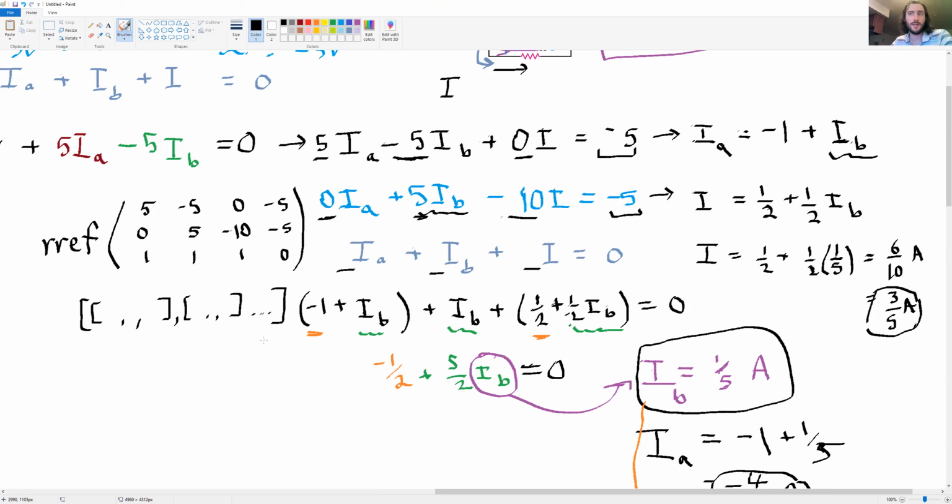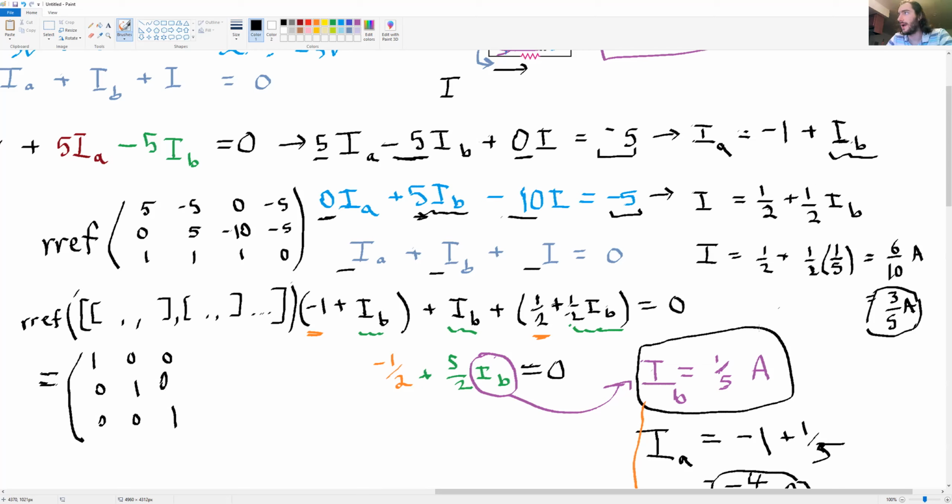Then there is a function you can access, the reduced row echelon form function, and you let that function act on that matrix. That will return to you another matrix which has all ones along the diagonal, like so. I have 3 ones like this for the 3 by 3 portion, and then the final portion here will be your answers for your currents.